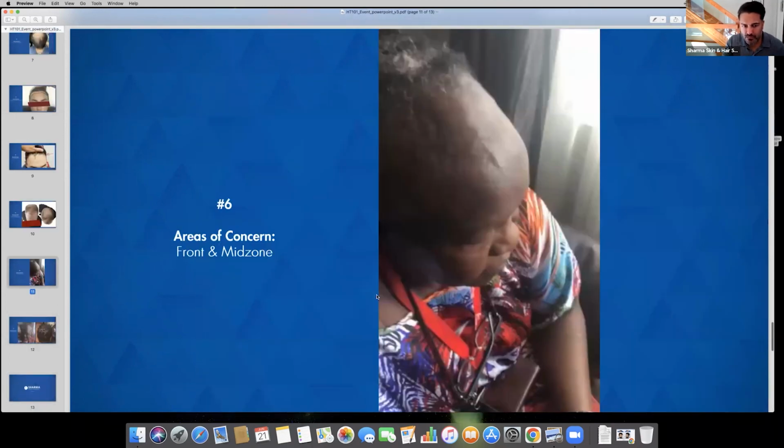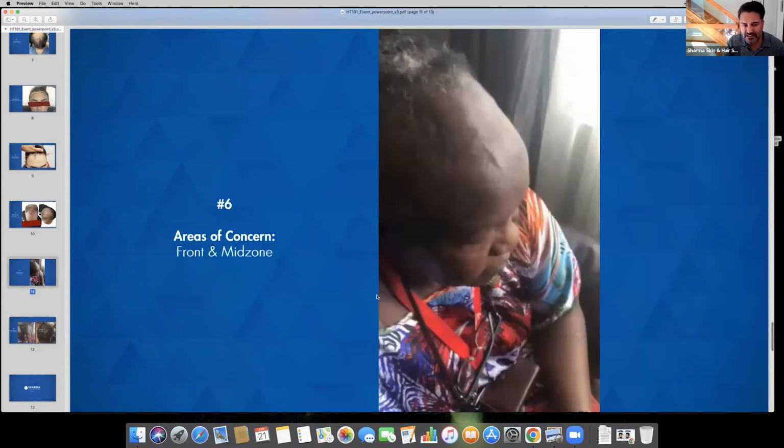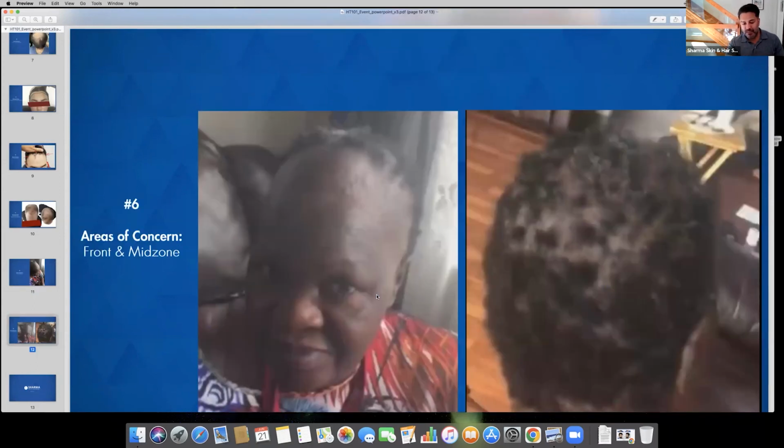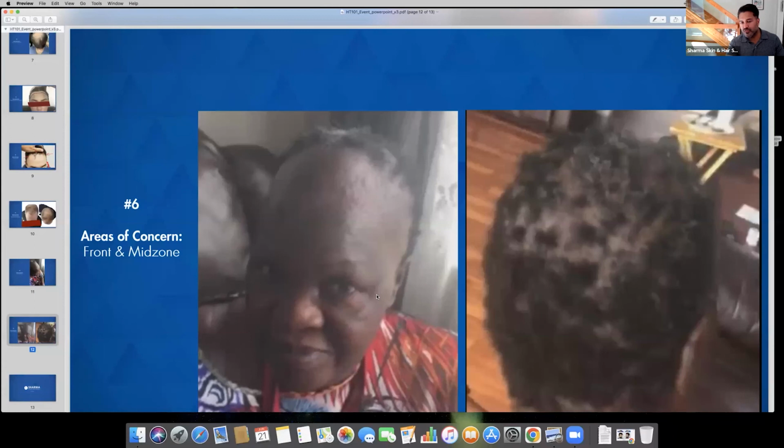So this picture here, whoever this is, I do think you should go and get a medical dermatology opinion because this does not look like classical androgenic alopecia to me. It's a female, of course. There seem to be some lesions in the middle of the scalp.